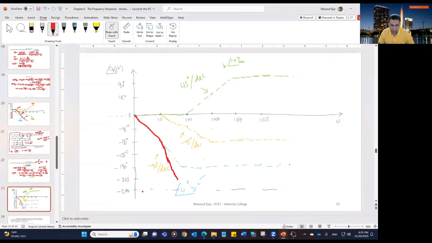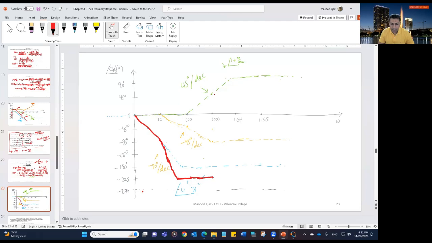And this is going to become negative 180 degrees. And this is still dropping 45, but this is increasing 45. So they are going to cancel each other. So I'm going to go to 1,000 with negative 45, I believe, negative 225. And then this is going to plateau at negative 90 degrees.